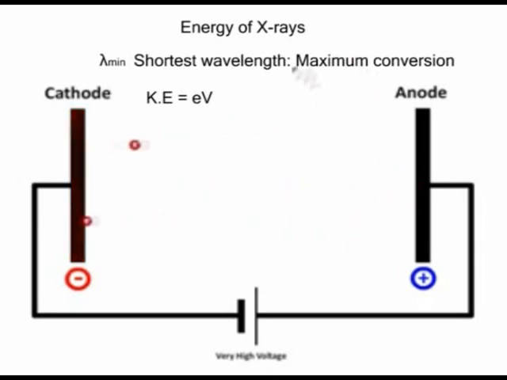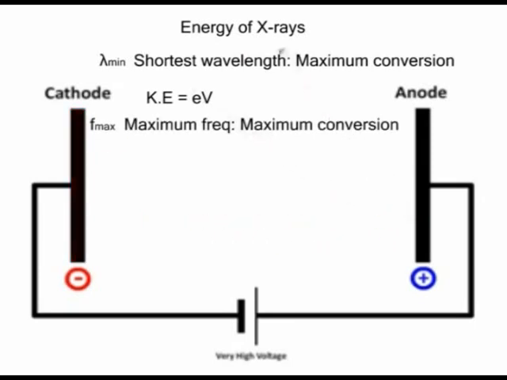When all the kinetic energy of an electron is used to produce the X-ray energy, the frequency of the X-rays will be maximum, f maximum. Using Planck's theory, the X-ray energy is given by E equals hf, where h is Planck's constant and f the frequency of radiation.